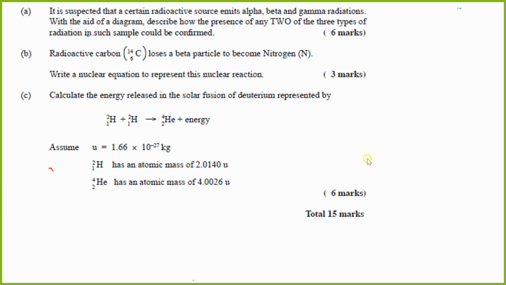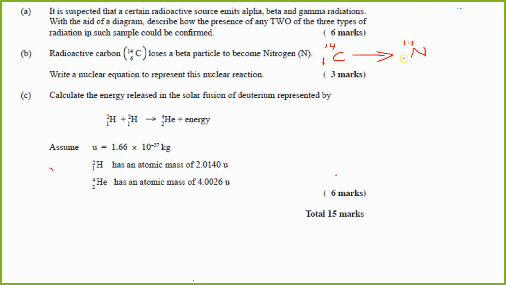So what is essentially happening here? If we were supposed to write out that nuclear equation, we would start off with the radioactive substance. So carbon 14, which is radioactive, is going to create nitrogen. The symbol for nitrogen is N. The mass number of nitrogen is 14.